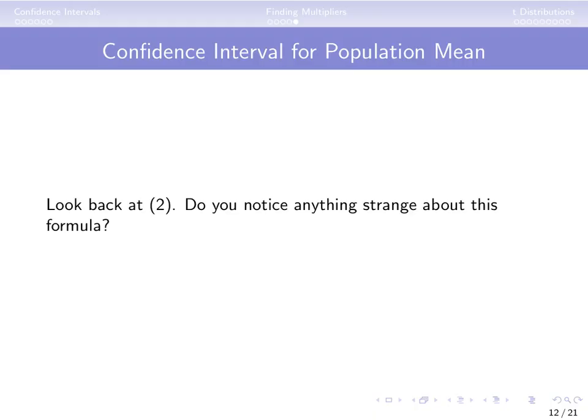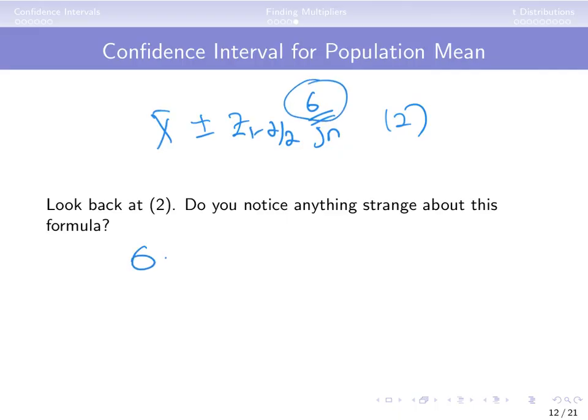So let's look back at equation number 2. Do you notice anything strange about this equation over here? If you look at all of these, this sigma represents the population standard deviation, and the population standard deviation is rarely known.